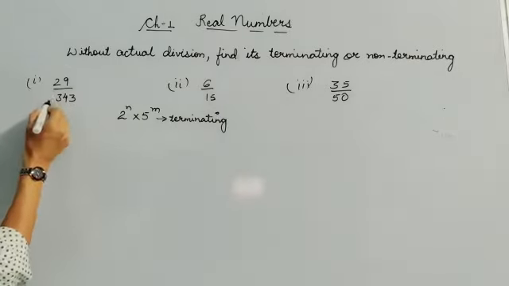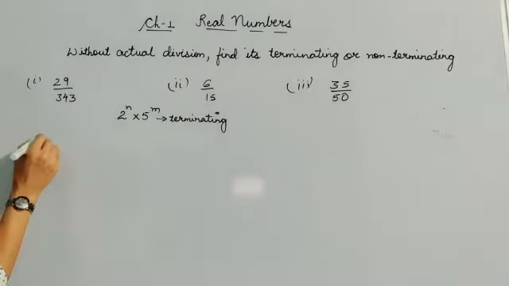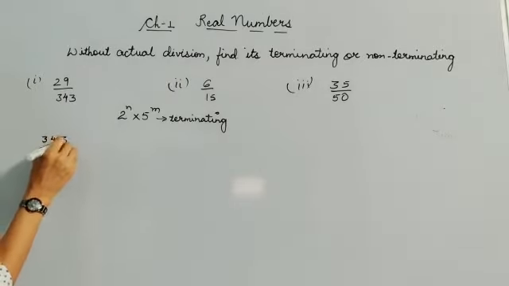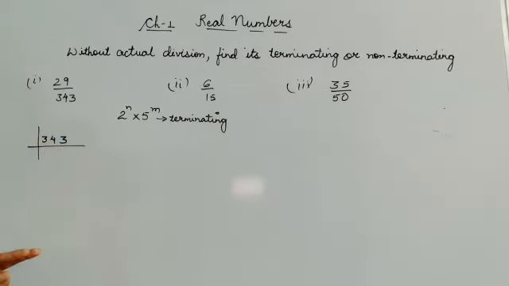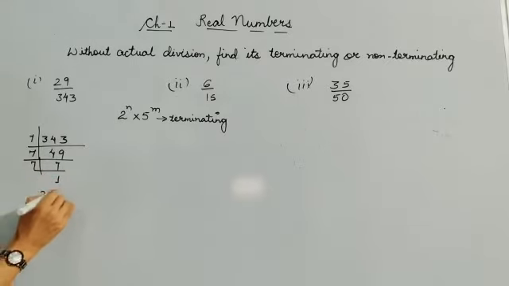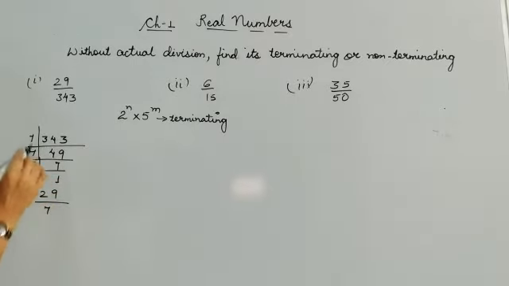So my denominator is 343. First of all, I'll be factorizing 343 by the prime factorization method. 7 4s are 28, and here I'll get 49. 7 7s are 49, and then 7 1s are 7.